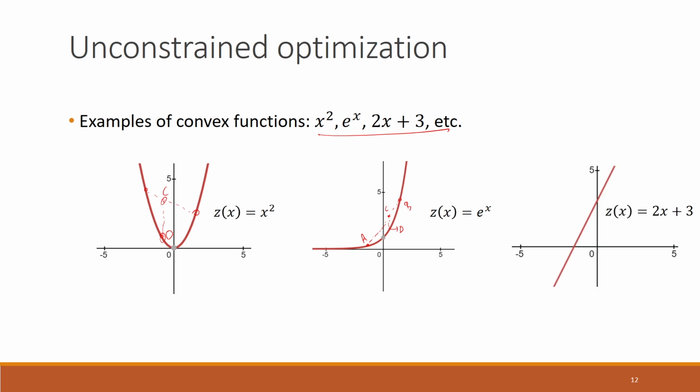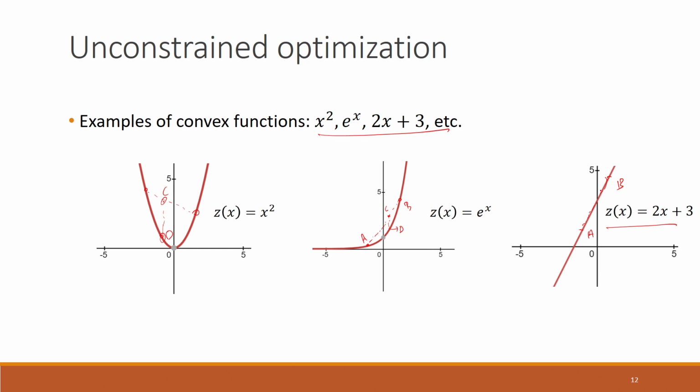Now this function is very interesting, z(x) equal to 2x plus 3. This is a straight line. If you pick any two arbitrary points, suppose this is point A and this is point B, you notice that the line segment which connects these two points A and B is actually this line itself.